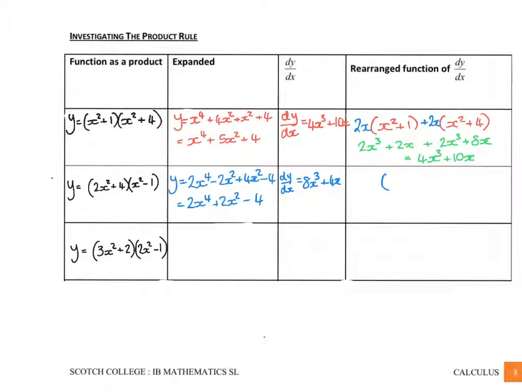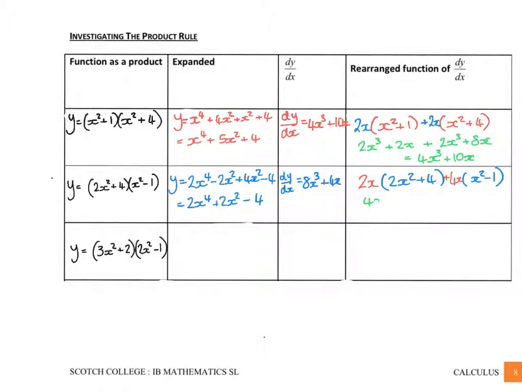Writing out the brackets that were in the question, 2x squared plus 4 and x squared minus 1. The coefficients that I want to put out the front of this one is 2x, and out the front of this one is 4x. Have a think about maybe where I got them from while I expand this.